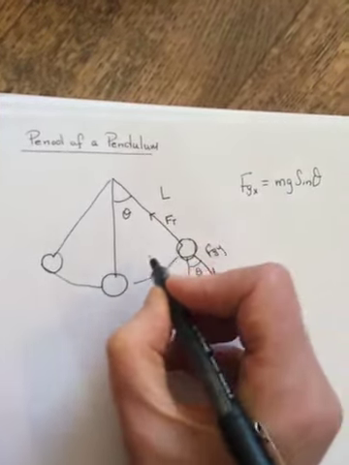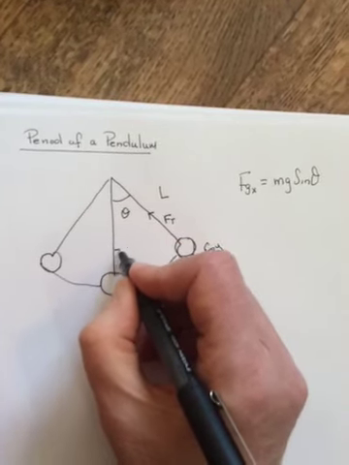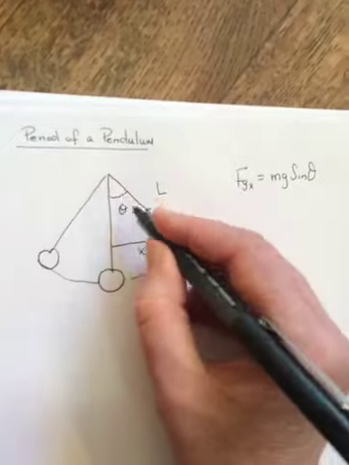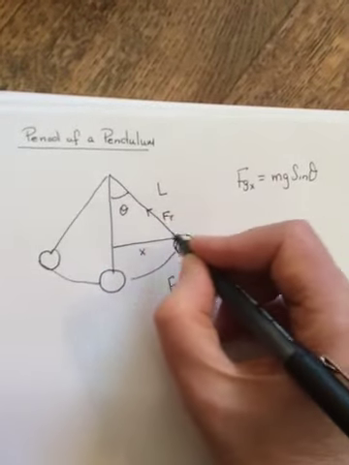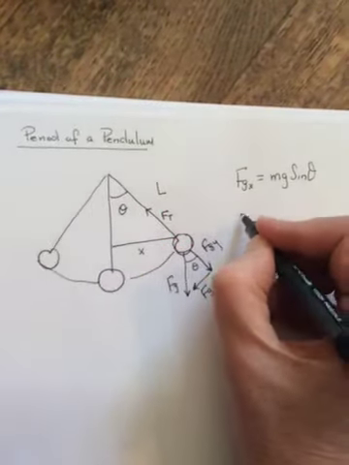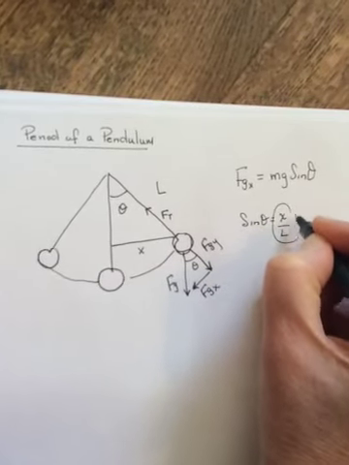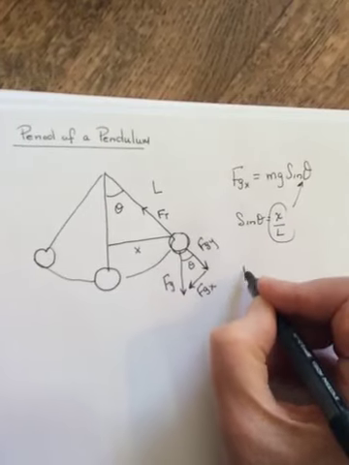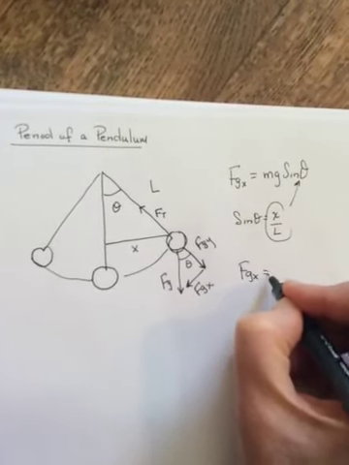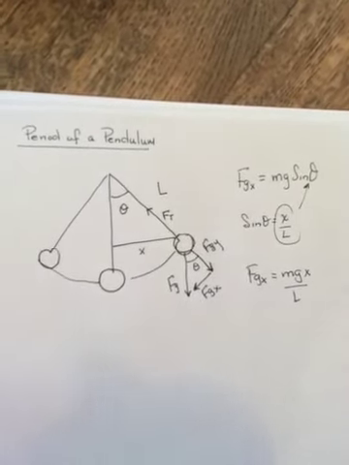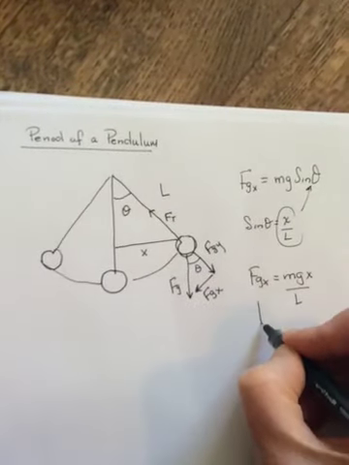And if the two thetas are the same, we could draw a line here, x. And so sine theta on the big triangle would just be x over L. If I sub this into my Fgx, then Fgx is equal to mg x over L. So we're saying this is our linear restoring force.